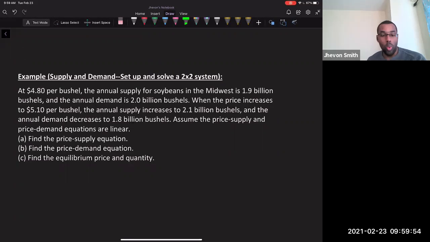So one thing you'll notice here is that this question does follow what is called the law of supply and demand, which basically says as the price increases, consumers are willing to buy less of a product because it's more expensive. They can't afford it anymore, or they'd rather spend their money on something else. And over time, as the price increases, producers are willing to produce more of that product, right?